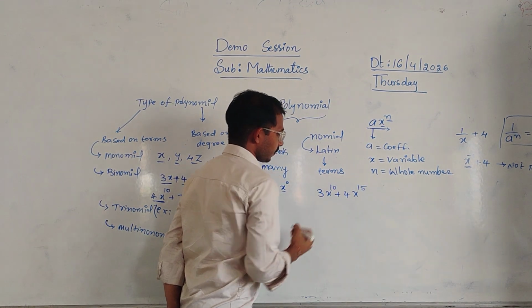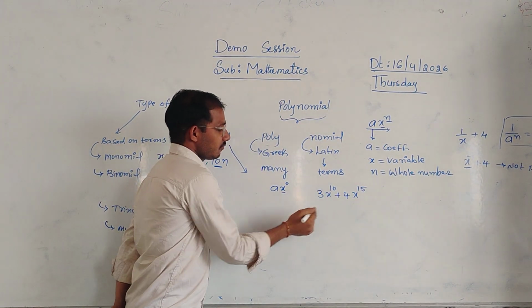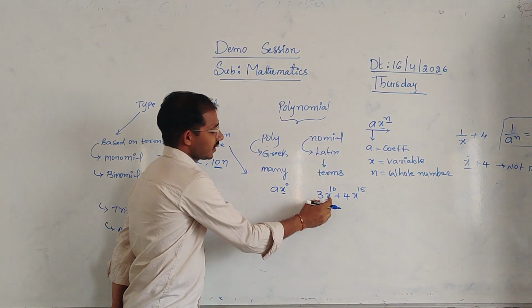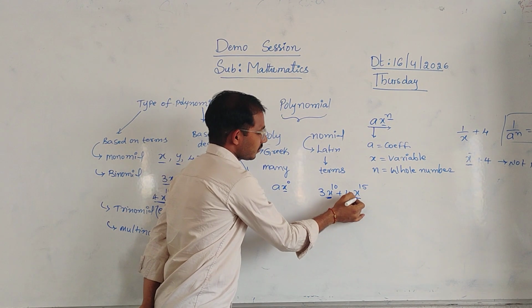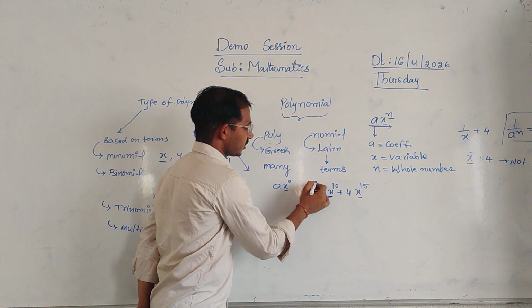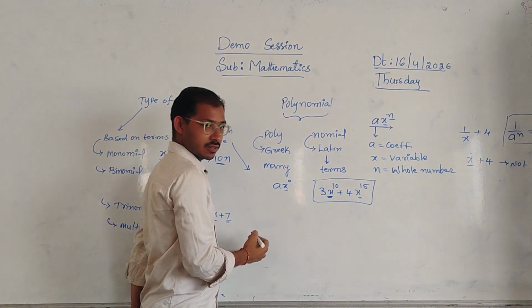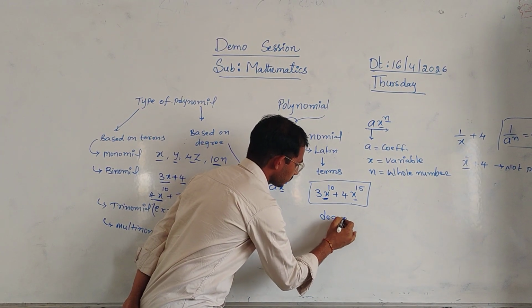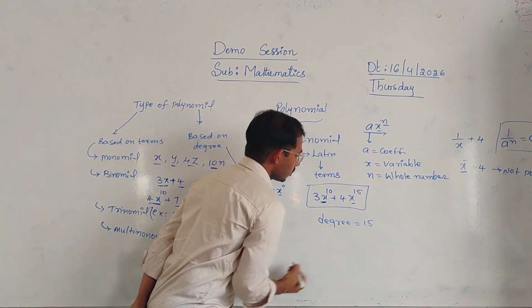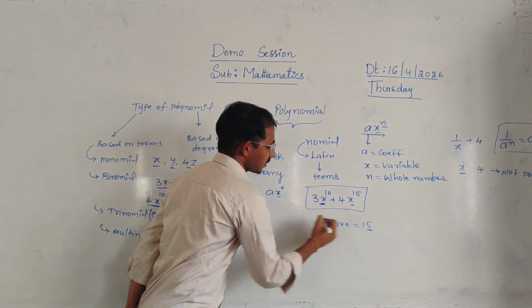For this polynomial, what is the degree? Here the power of x is 10, and here it is 15. For the combined expression, we take the highest power, that is 15. So our degree is 15.